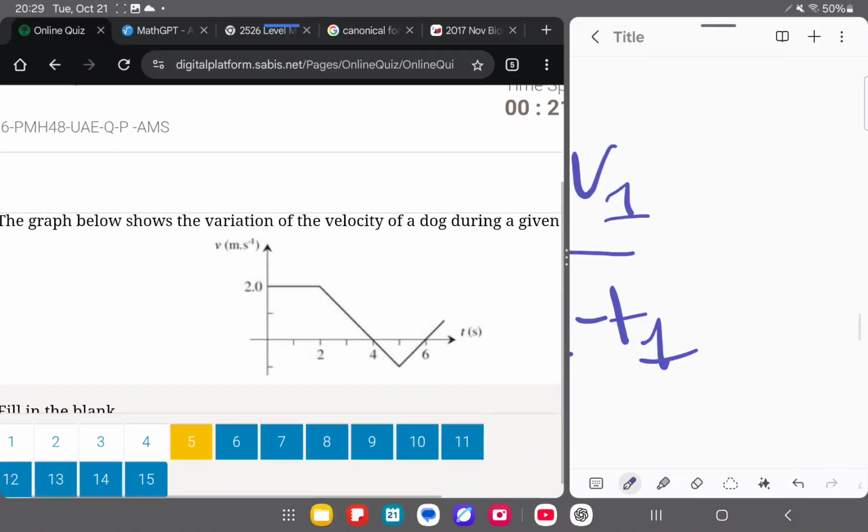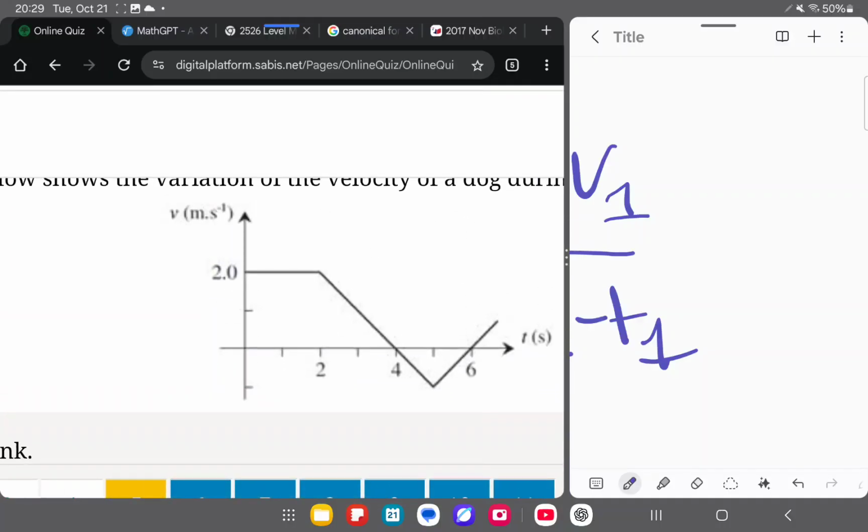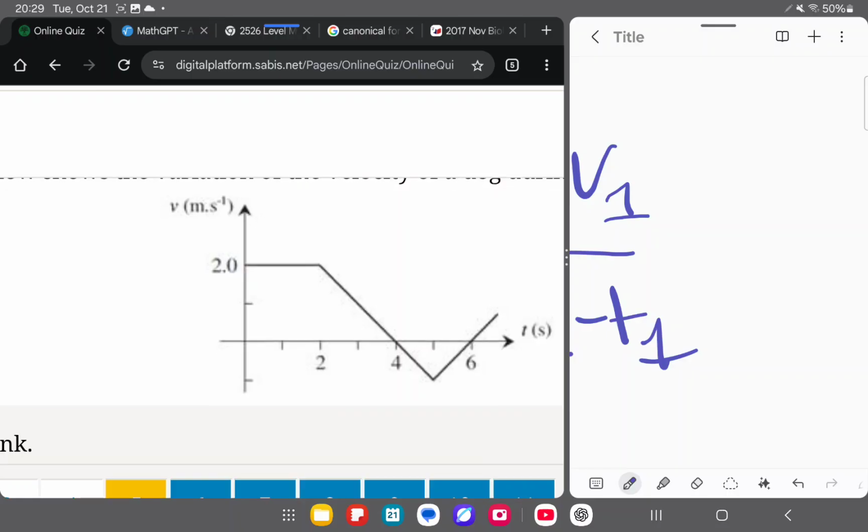So when they're saying average acceleration in the VT graph, we have to find the secant here, or it doesn't really matter. We just have to find this first point and the final point. The coordinate here should be 0, 2. And over here, the x coordinate is 5.